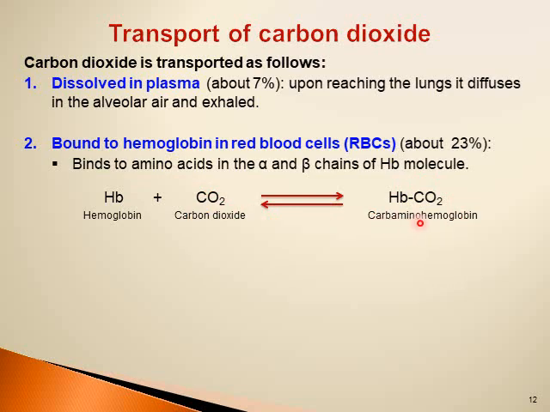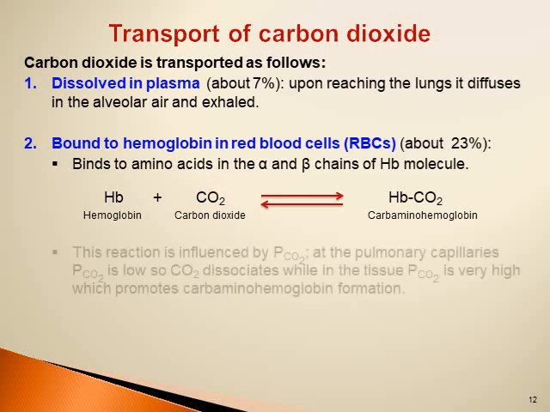Carb-amino means carbon dioxide bound to the amino acid of the hemoglobin molecule. In the lungs, carbon dioxide will dissociate from hemoglobin to release free carbon dioxide that will be released from the red blood cell into the plasma. This carbon dioxide will cross the respiratory membrane and leave the blood to the alveolus.